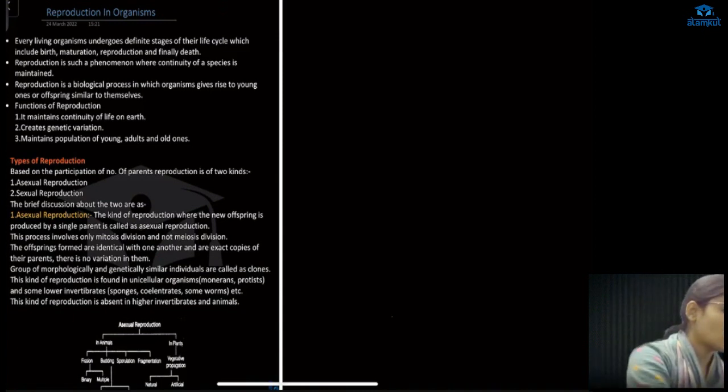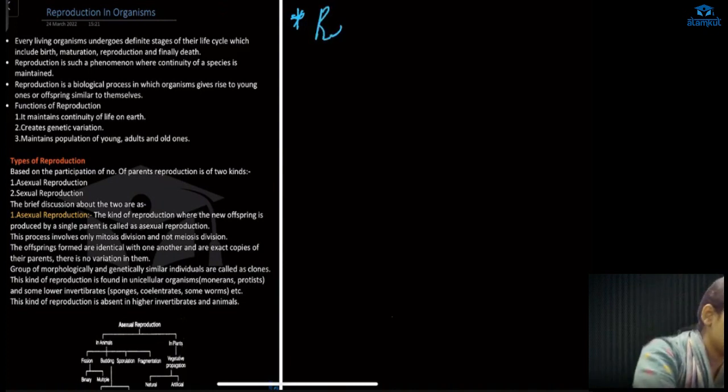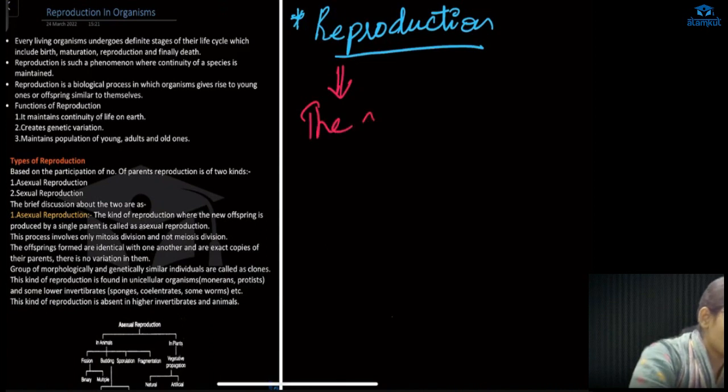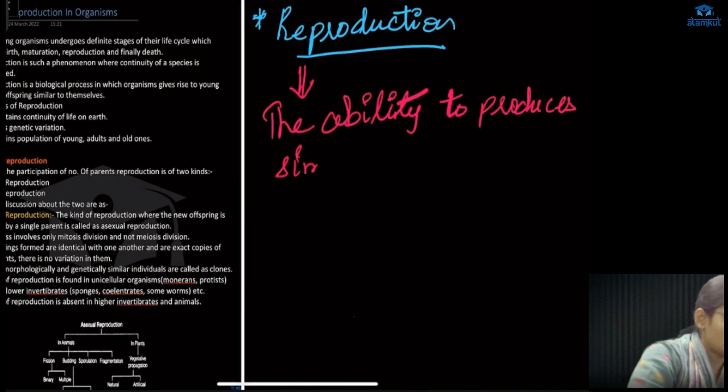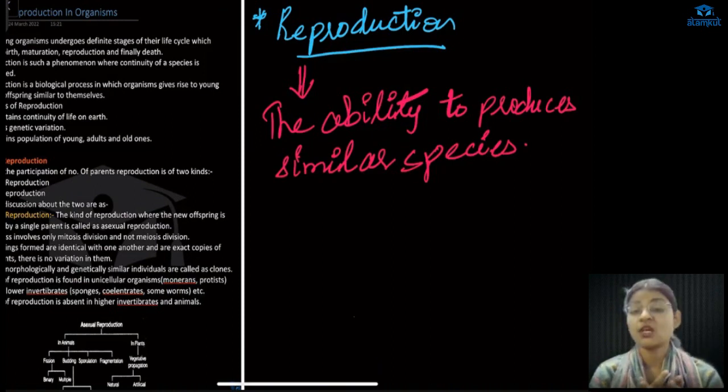So first of all, what is reproduction? Reproduction means the ability to reproduce, the ability to produce similar species. Each and every living organism mostly possesses the feature of reproduction. There are, of course, certain exceptions, like humans who are sterile and not able to reproduce, or certain kinds of honeybees which are not able to reproduce.